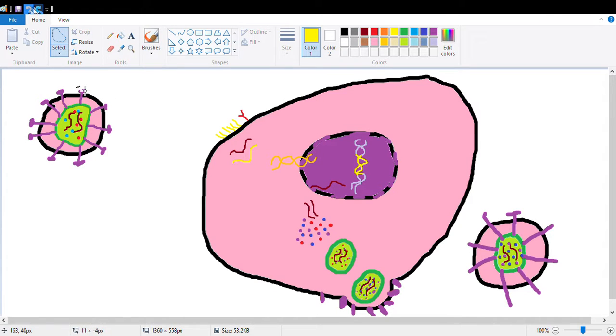The first phase here is a free virus. This virus got into your body somehow, probably through a blood transfusion, being transfused with blood from an infected donor, or having unprotected sex with somebody that's HIV positive.